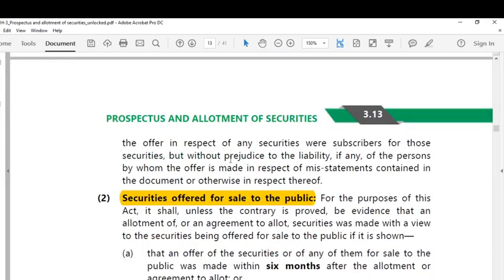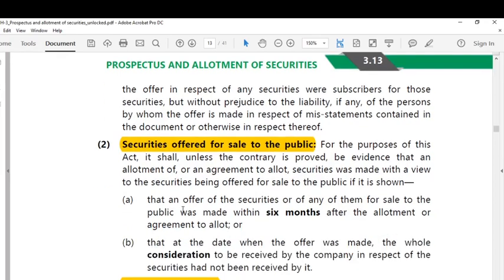Hence, if any securities were issued through a deemed prospectus, a person by whom the offer is made will get the same liability in respect of misstatements contained in the documents as that of a prospectus.